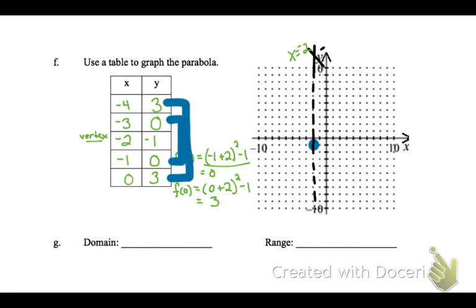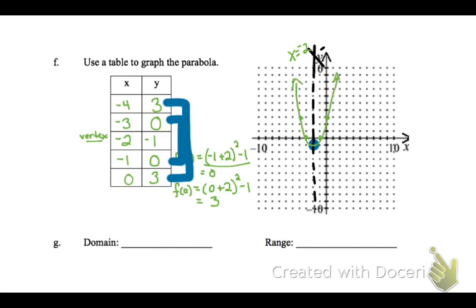And I'm going to graph my other points. I know it opens upward. So (-1, 0) is right here. (-3, 0) is right here. Then I need (0, 3) and (-4, 3). So there is my U.